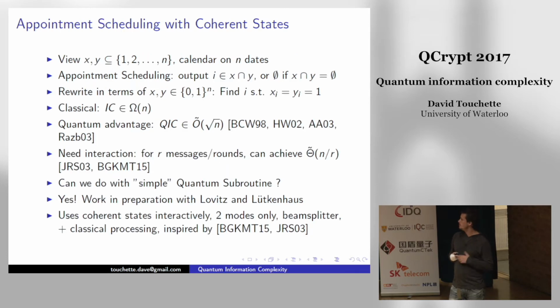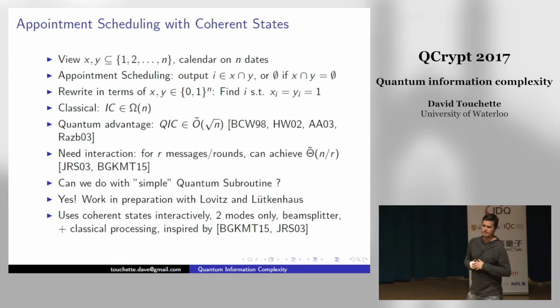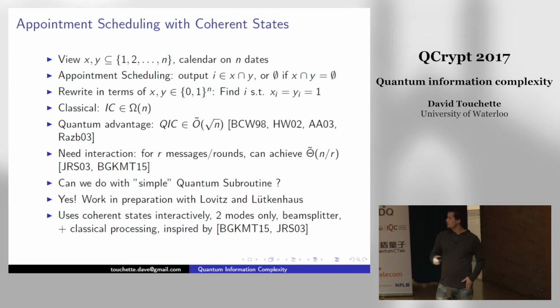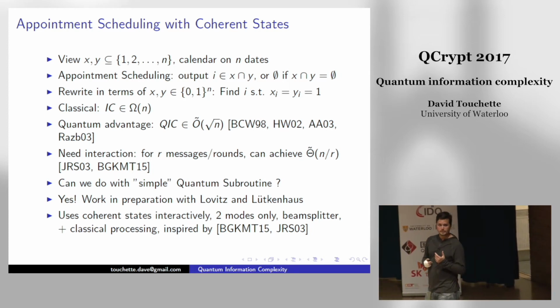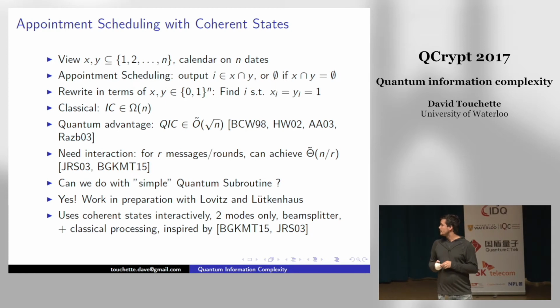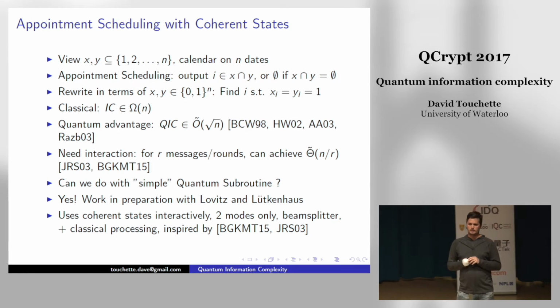So this leads us to a question we've been studying recently with Ben Levitz and Norbert Lütkenhaus. What can we do in the direct interactive setting now? The problem I'll be discussing is that of appointment scheduling.